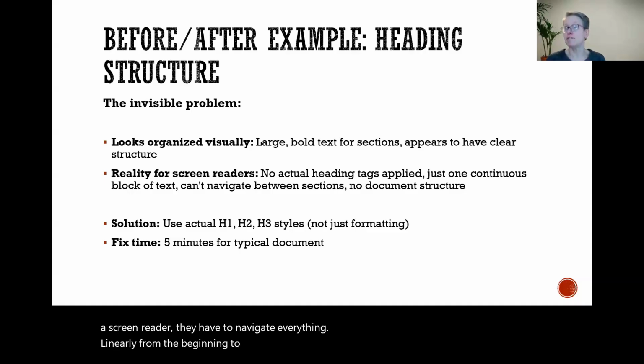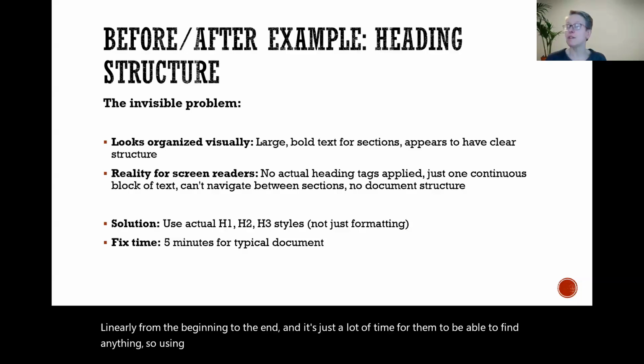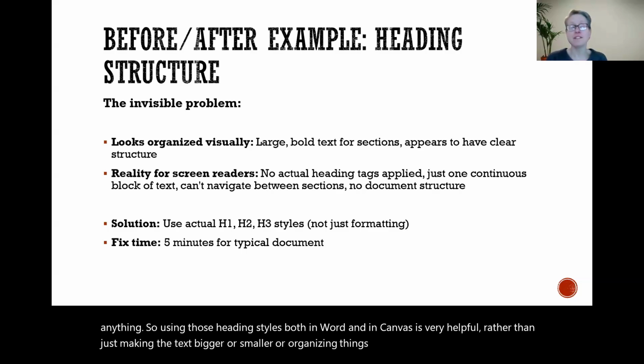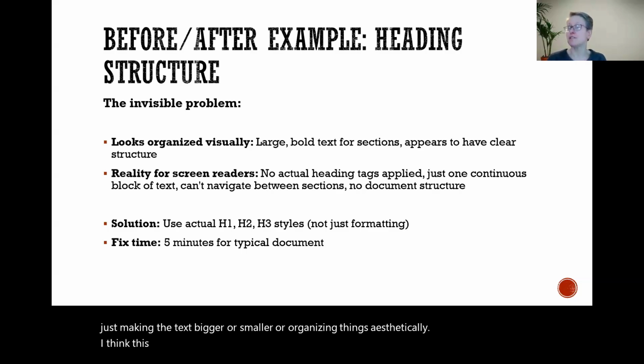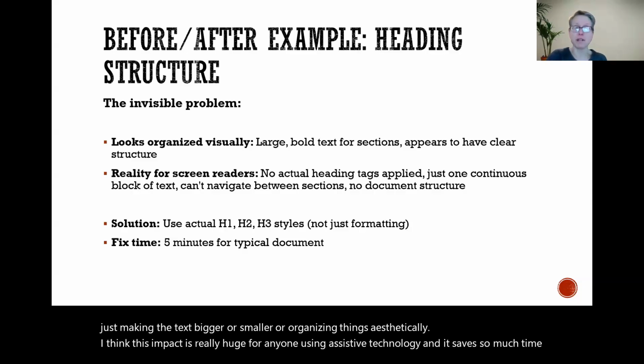And it's just a lot of time for them to be able to find anything. So using those heading styles, both in Word and in Canvas, is very, very helpful, rather than just making the text bigger or smaller or organizing things aesthetically. I think this impact is really huge for anyone using assistive technology, and it saves so much time and frustration as they participate in your course.